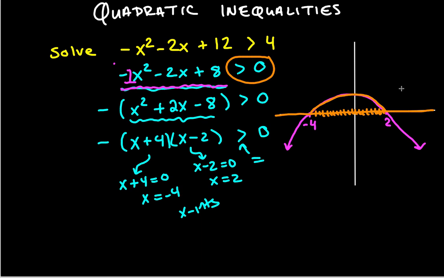Make the inequality true. Solve our inequality. Now, it's worth noting, are -4 and 2 in this solution? No, they are not, because when you plug -4 and 2 into this expression right here, you will get 0, and we want greater than 0, so they're not involved. Therefore, the solution is x in the range of -4, 2.